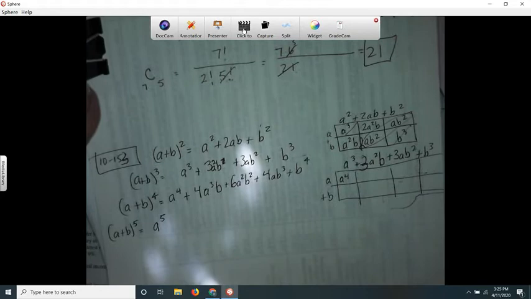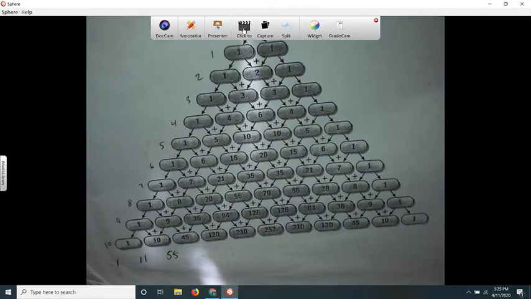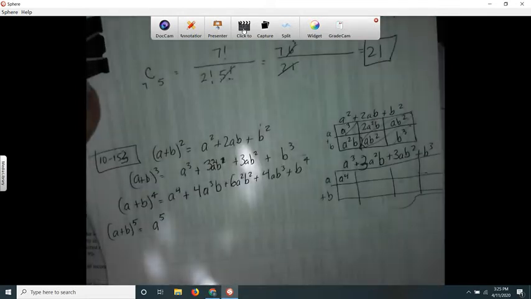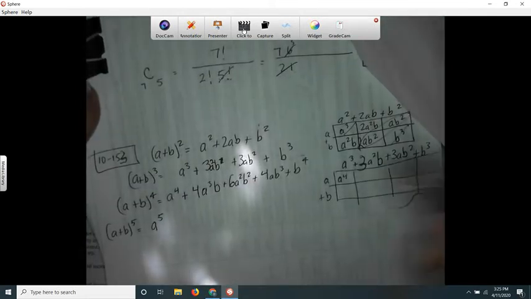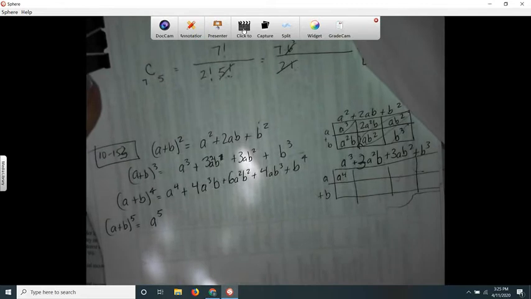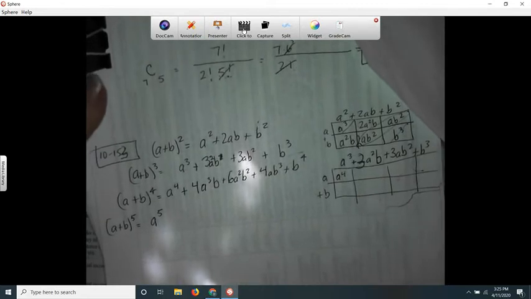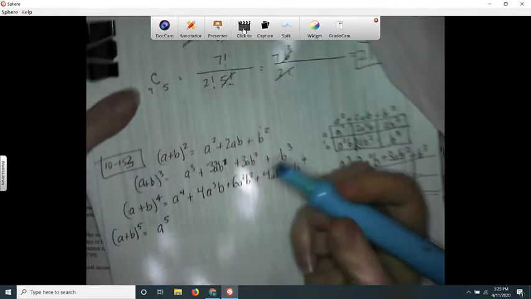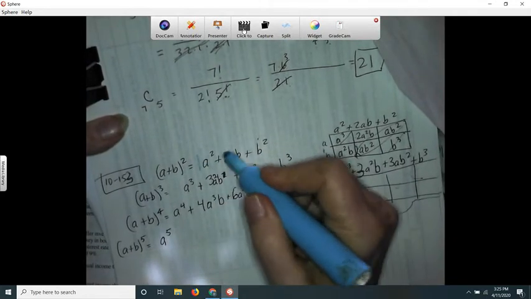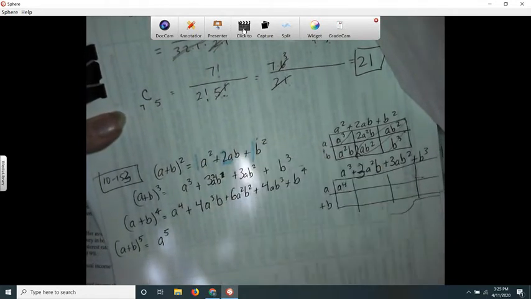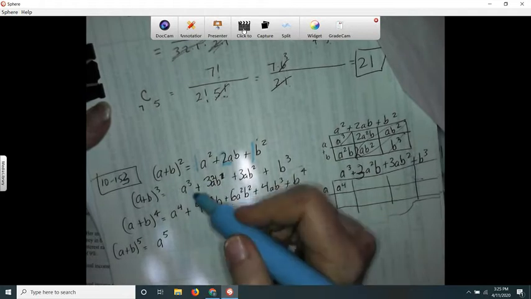Notice the coefficients are 1, 2, 1. And then this is 1, 3, 3, 1. I'm just taking the number coefficients.